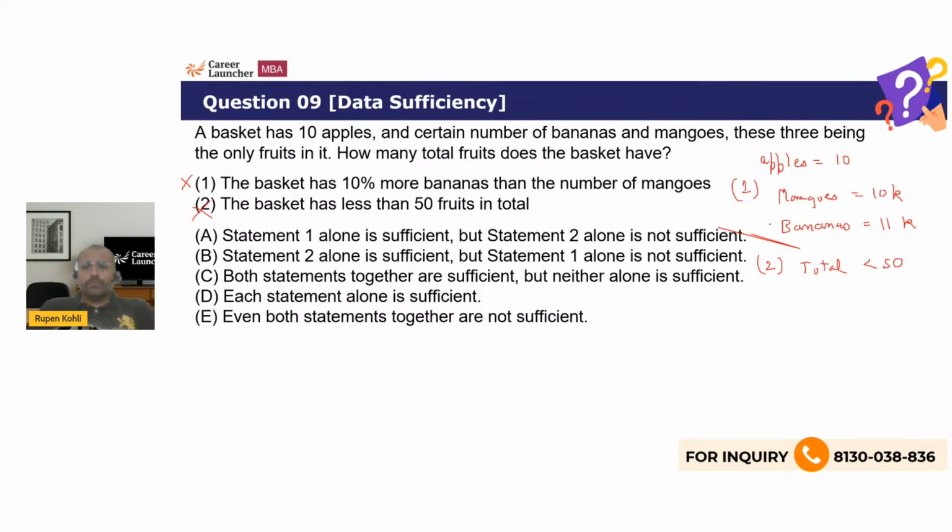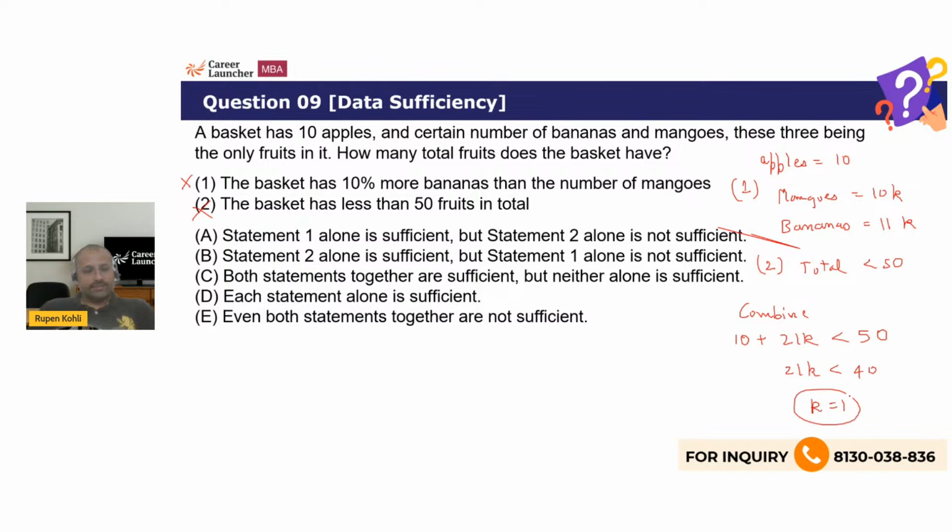So now both individually have failed. We have to combine them. The total fruits, Anand, I know what you've done. 10 plus 21k is the total number of fruits. I think you have taken 21k. 10 plus 21k is less than 50, so 21k is less than 40. K can only be one.